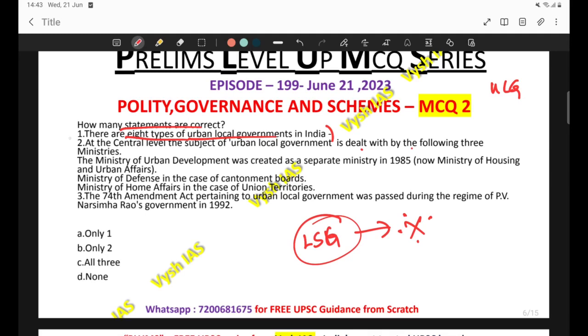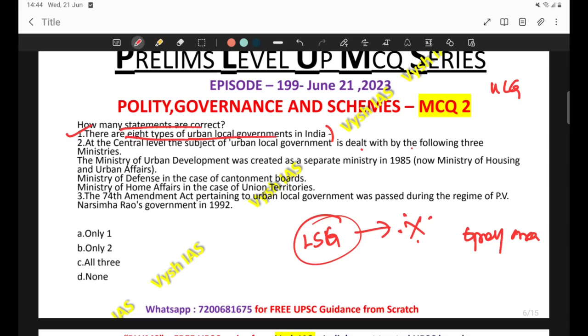Many candidates may not even know whether the first statement is correct or not. So this is a gray area. Please learn this topic very diligently, because if you get a correct answer from this topic, you place yourself above the other candidates. People will be neglecting it, so you should not neglect it and should score high in this area.